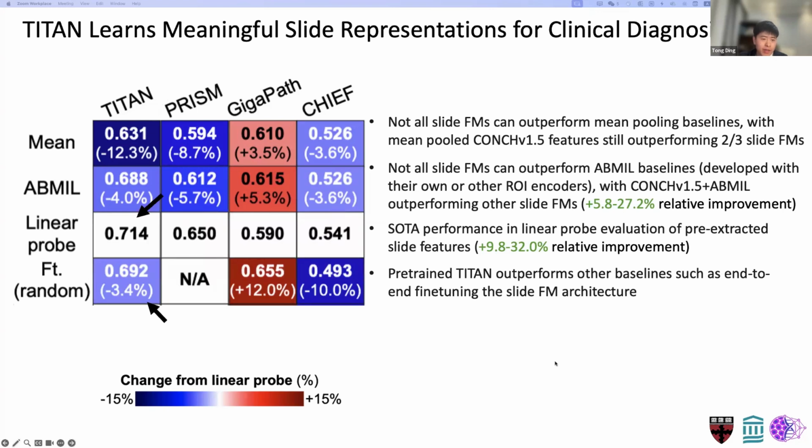And next, we wanted to compare Titan linear probe with fine-tuning the same slide encoder architecture, but trained from scratch. And we show that pre-trained Titan outperforms other baselines, this end-to-end fine-tuning of the slide foundation model architecture.